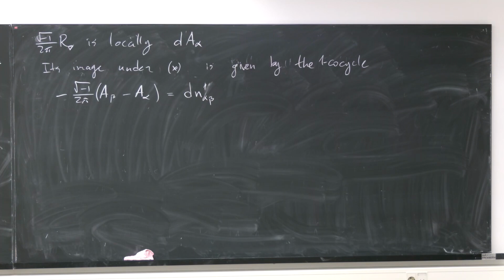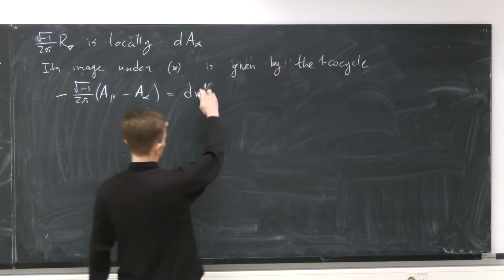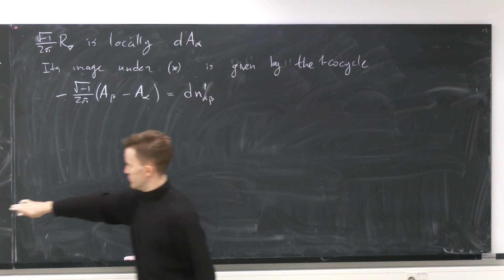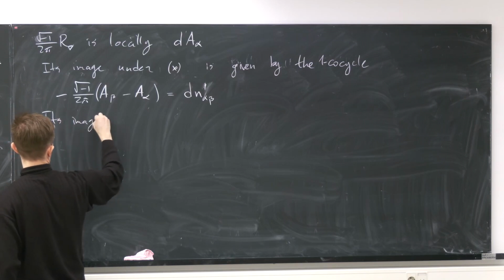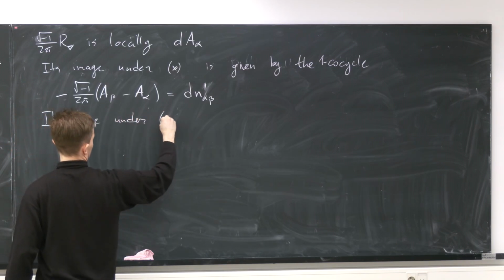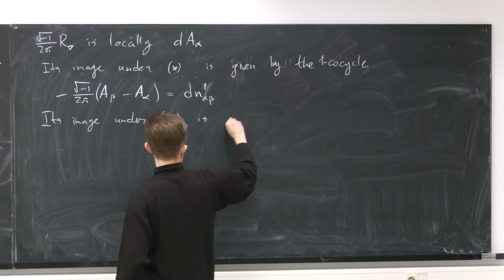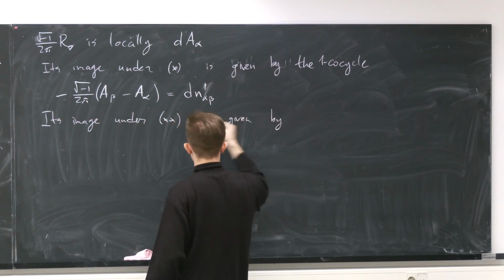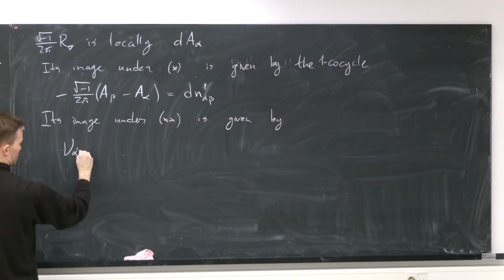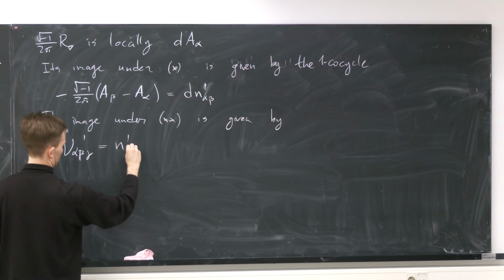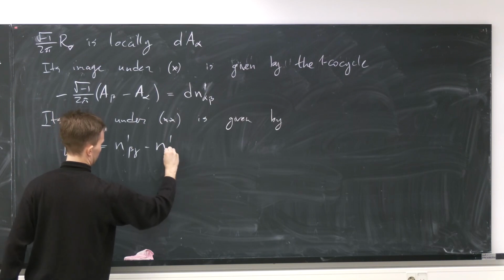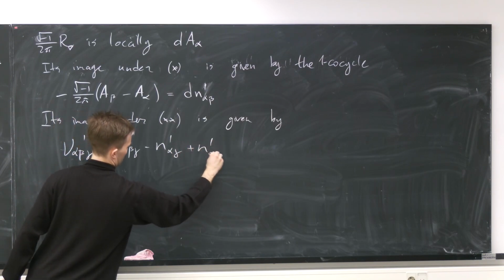And again, it is locally the differential of some function, which is n alpha beta prime in this case. So again, its image under this double star is given by, similarly, the cocycle of this form mu alpha beta gamma, which is n prime beta gamma minus n prime alpha gamma plus n prime alpha beta.